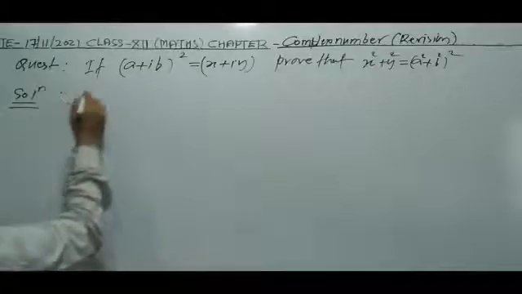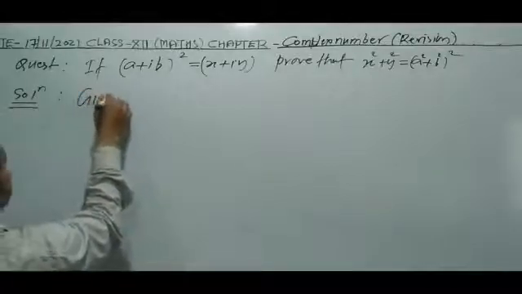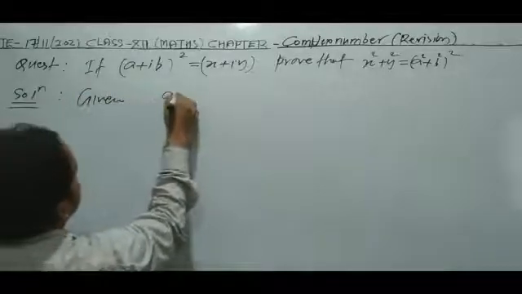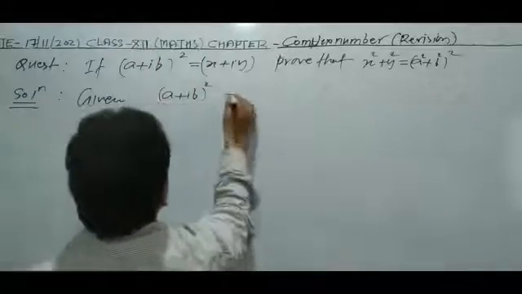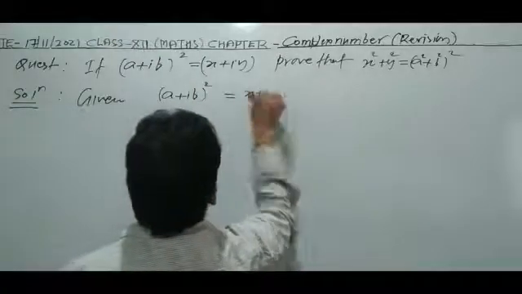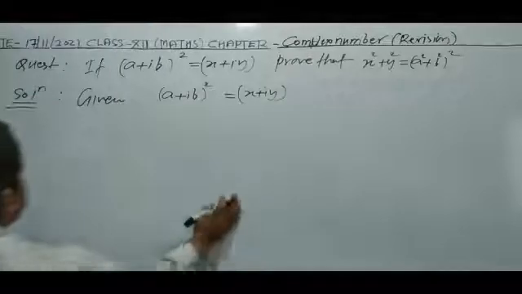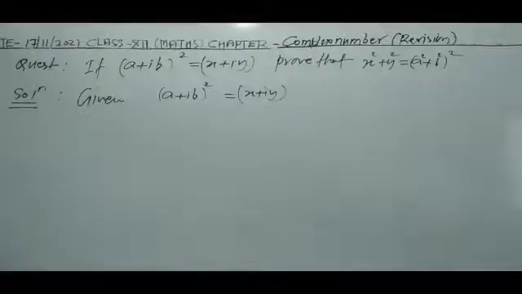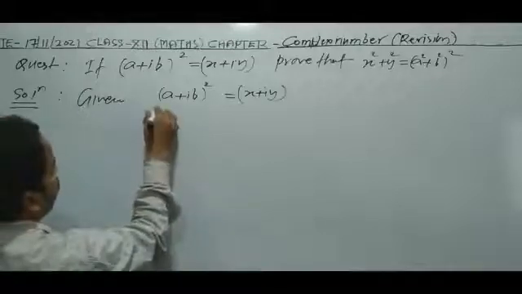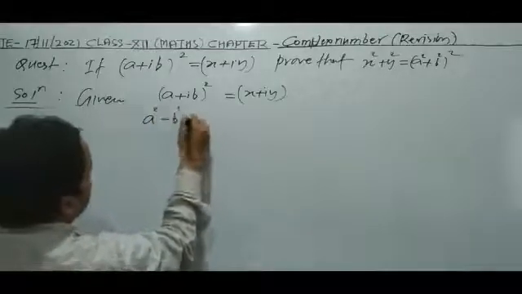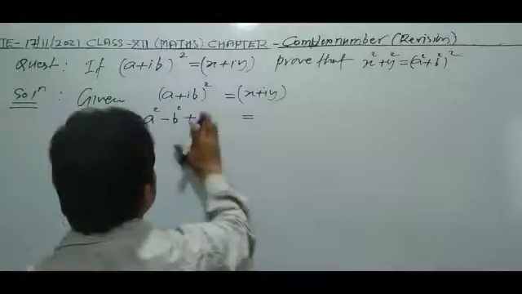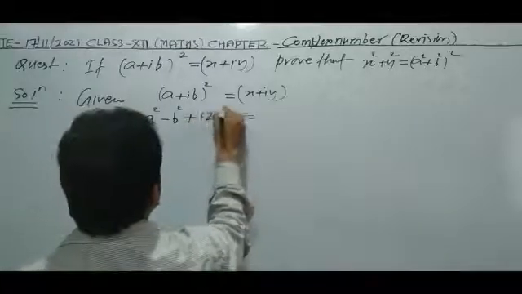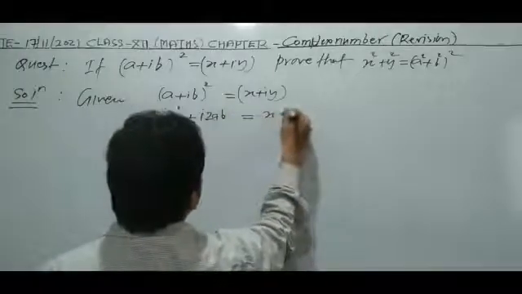Now see, given a plus ib whole square is equal to x plus iy. Now by using a plus b whole square formula, we can split it. So a square minus b square plus 2iab, the result we can write as x plus iy.